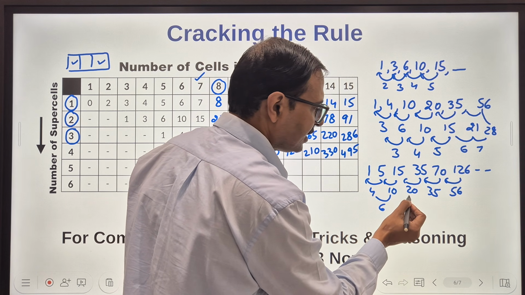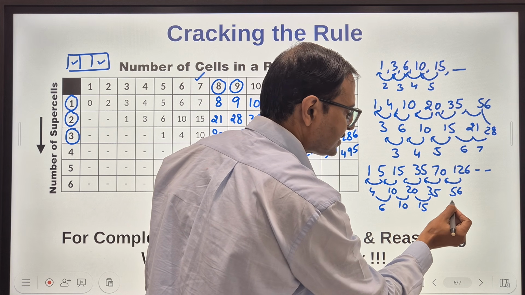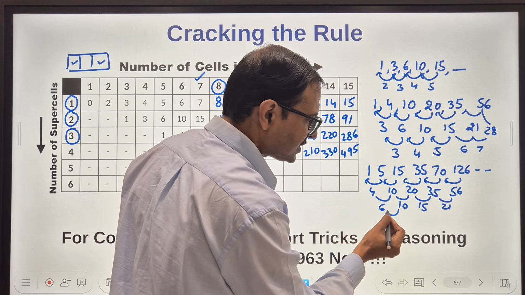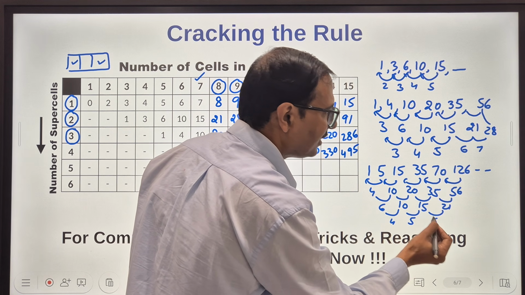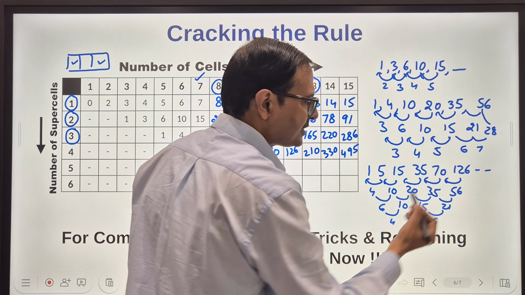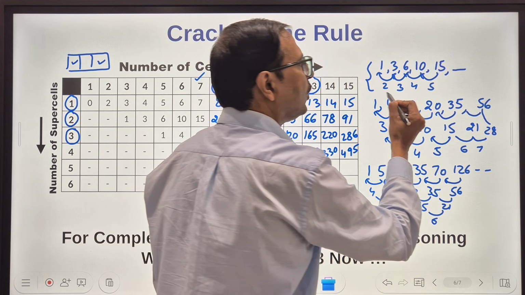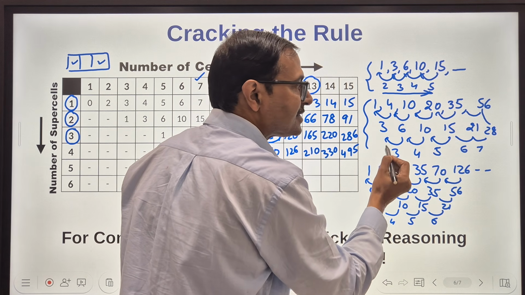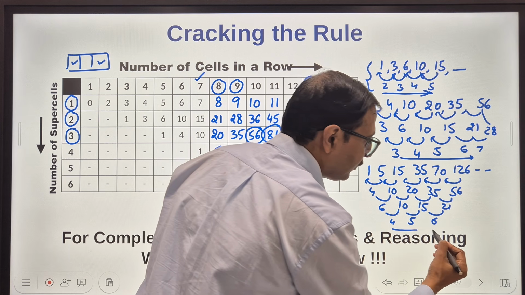This is 6, this is 10, this is 15, and this is 21, and one more time. This is 4, this is 5, this is 6. See, just like you were getting the natural numbers here, here also the difference is there. So here the first difference only got you the natural numbers. Here the second difference got you 3, 4, 5, 6, 7. Here the third difference got you 4, 5, 6.